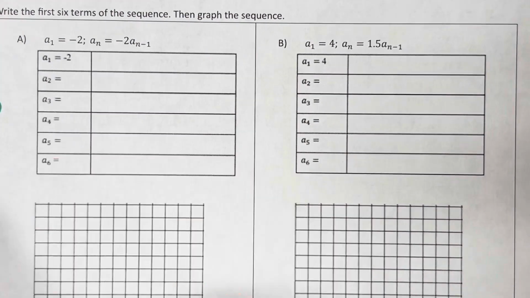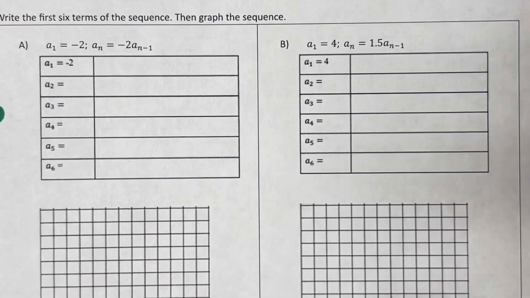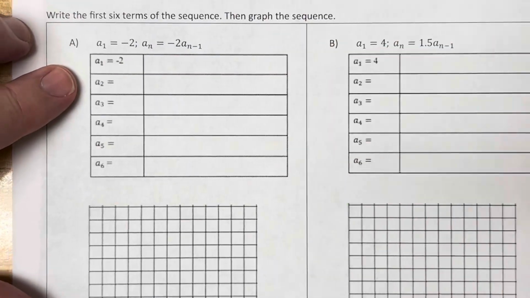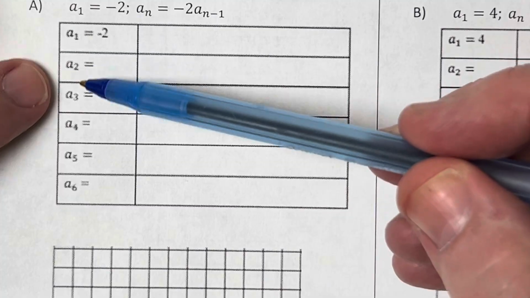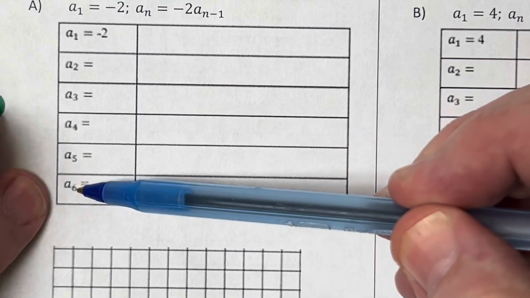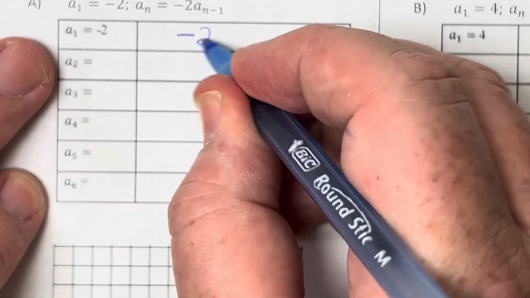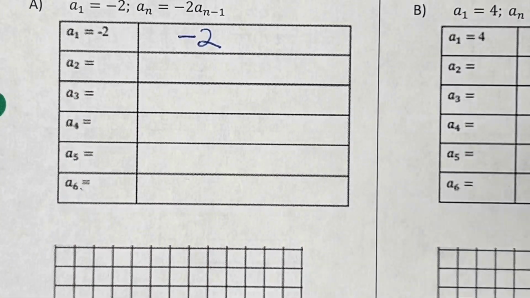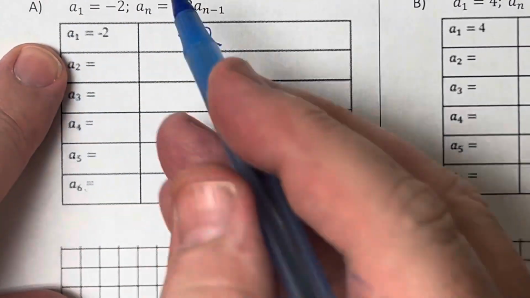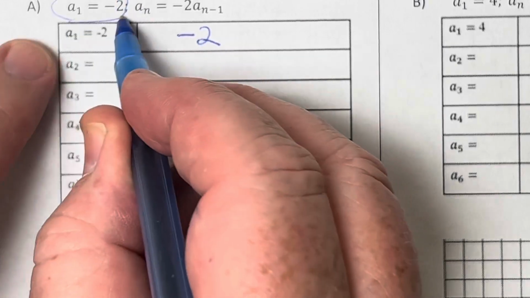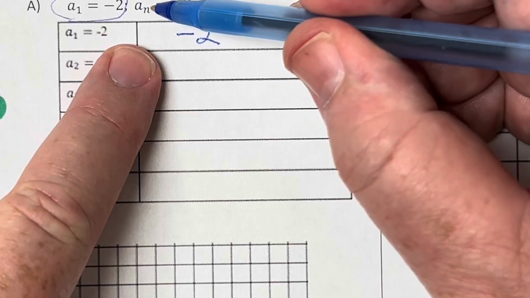On parts A and B, they say write the first 6 terms of the sequence, then graph the sequence. So you can see a_1, a_2: that's the first term, second term, third term, fourth term, fifth term, sixth term. They gave us the first term, a_1, is -2, so we don't have to do anything there.